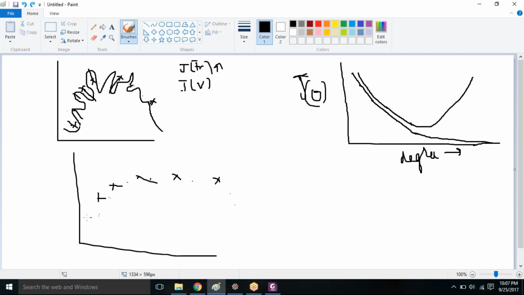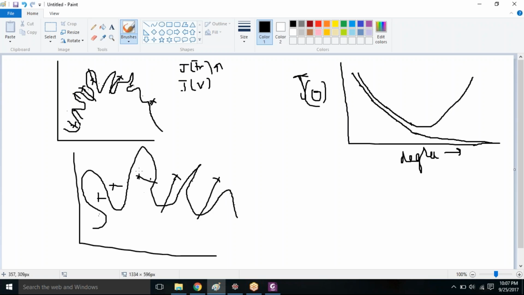Then with degree 7 there will be more fluctuation, so it will still increase. But with degree 10, there will be huge fluctuation, while fitting the training data very well. So the fluctuations will be huge.